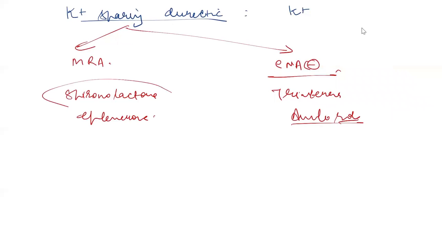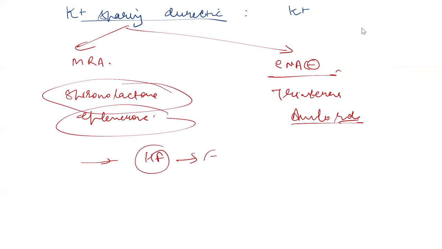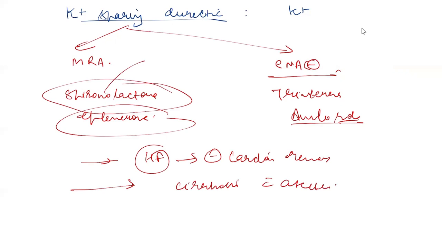Spironolactone or eplerenone are preferred in patients with heart failure as they prevent cardiac remodeling. They are also the preferred diuretic in cirrhosis with ascites. One important side effect of spironolactone is gynecomastia.